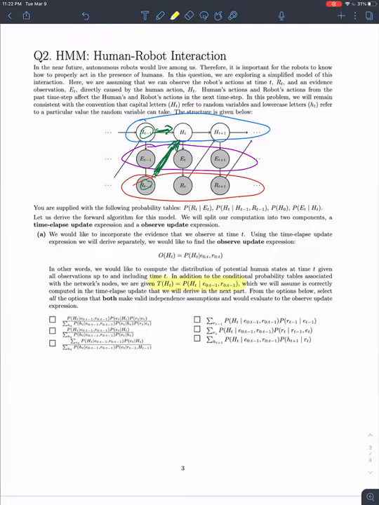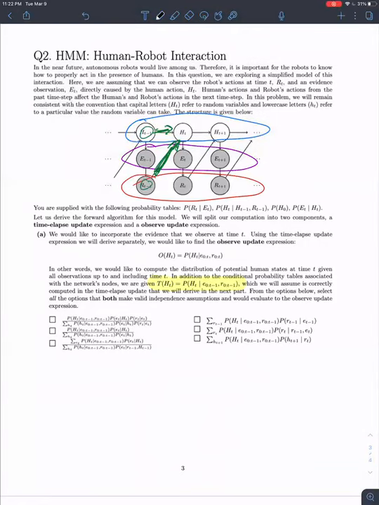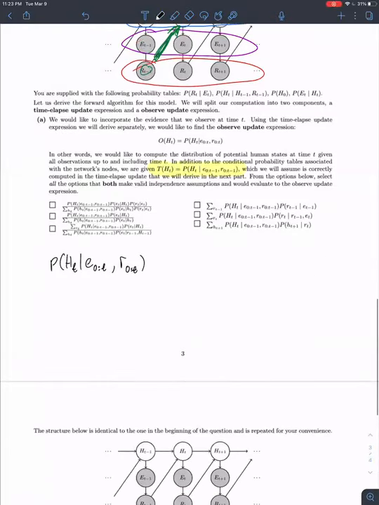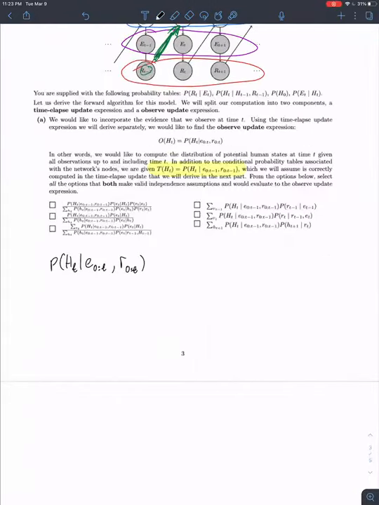So now we want to compute. What do we want to compute? What we want to compute is the probability of big H at time t given evidence 0 up to time t and the robot actions from 0 to time t. What's that equal to? Well, I'll just add a page so that I can have space to work. We can use the definition of conditional probability.